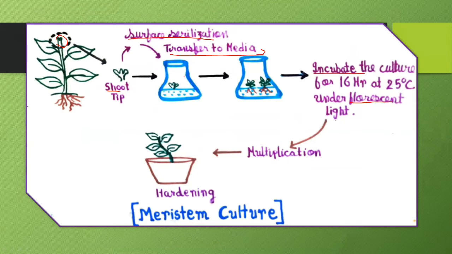Generally fluorescent light is used, the light photoperiod is 16 hours, and the temperature is 25 degrees Celsius. Then multiplication of the meristems is done, and finally the last stage is hardening of the plant.